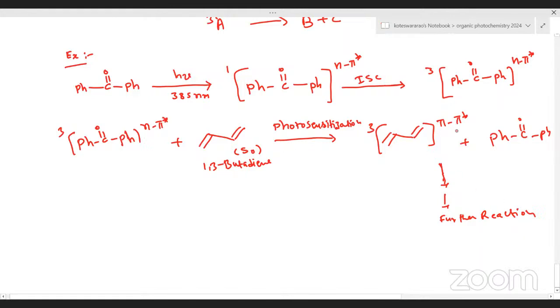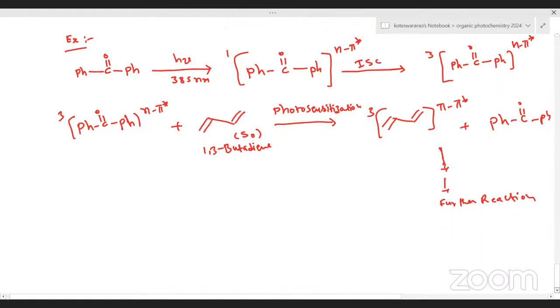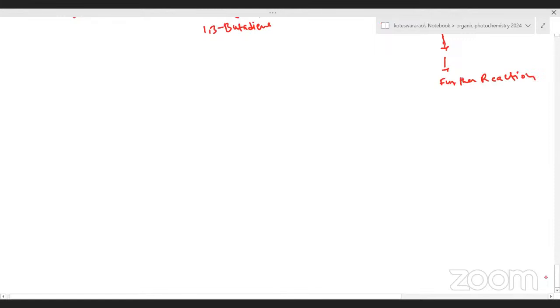The pi to pi star excited state, how will it be obtained? Okay, here. First, this is the energy level diagram I'm showing, the energy level diagram.